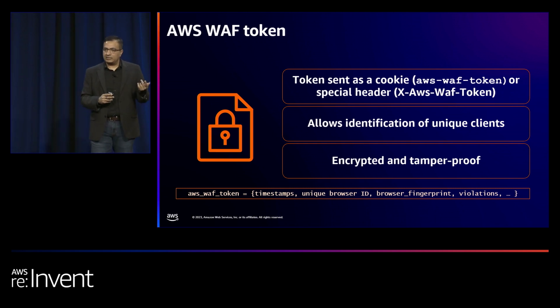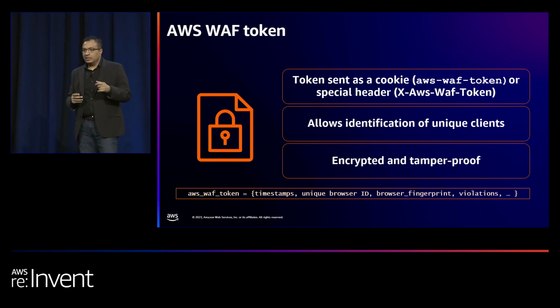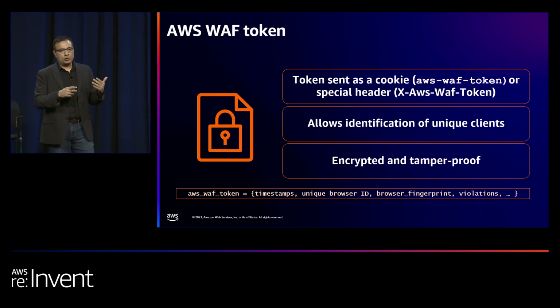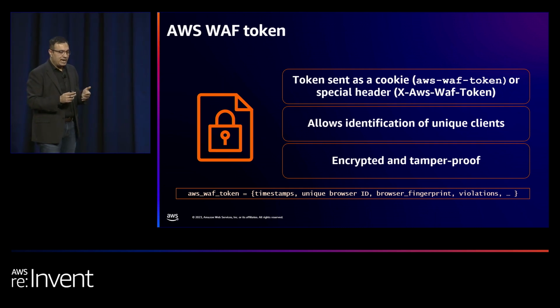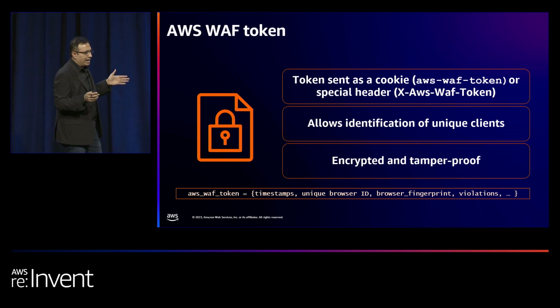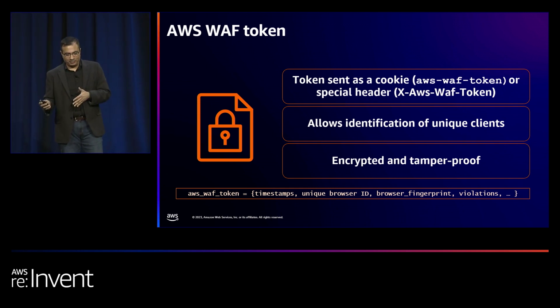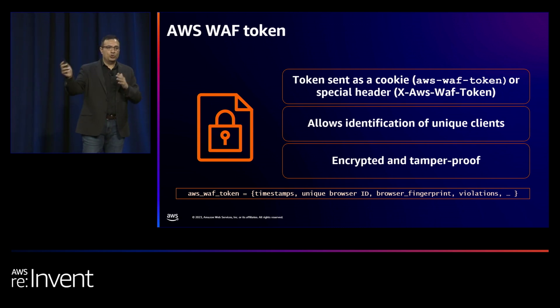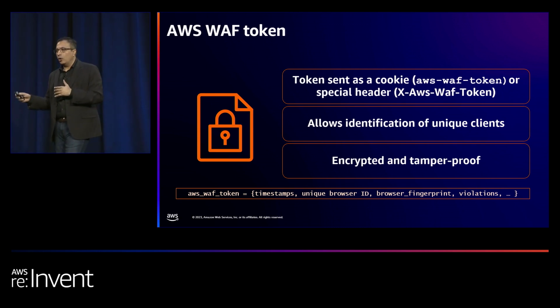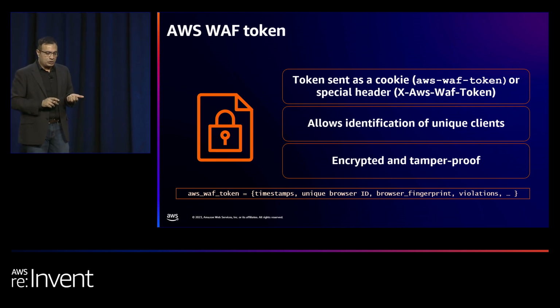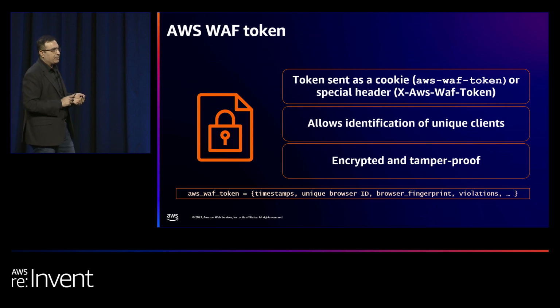How long did it take to solve the challenge? Human interactions, movement of mouse and clicks. And we take all those attributes and encode these attributes into what we call AWS WAF token, which can be sent back to AWS WAF either as a cookie or as a special request header. This allows us to identify unique clients, and this is encrypted and tamper-proof.